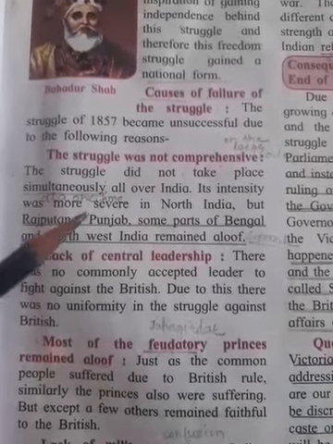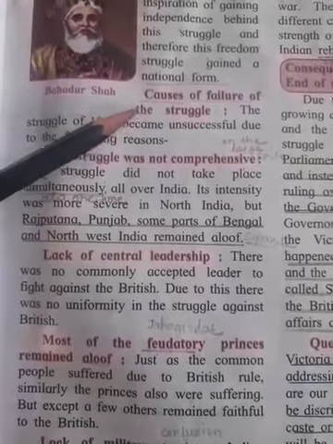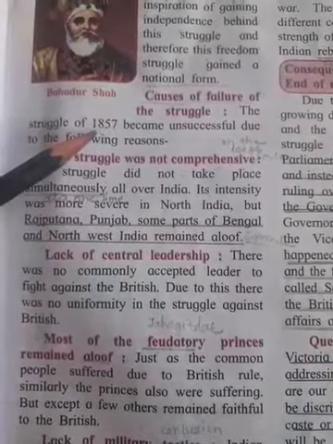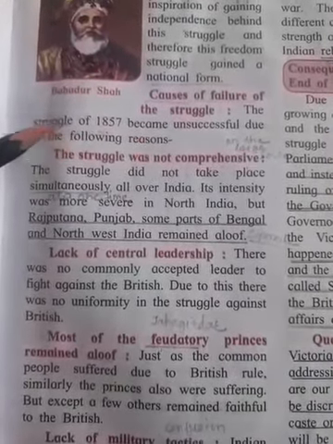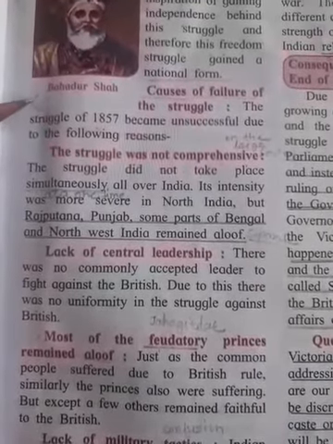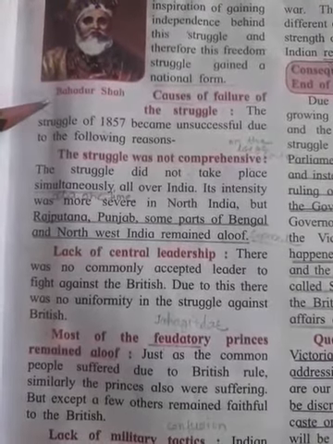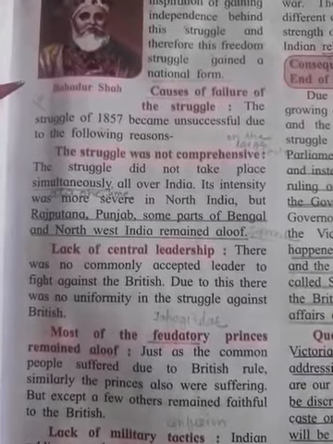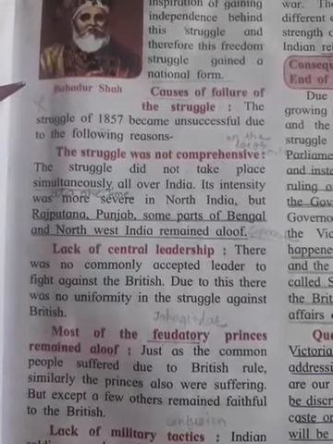But now, in this video we will learn the causes of failure of the struggle of 1857. It became unsuccessful due to the following reasons. In just one year, from 1857 to 1858, the Britishers crushed the revolt, the struggle of 1857.